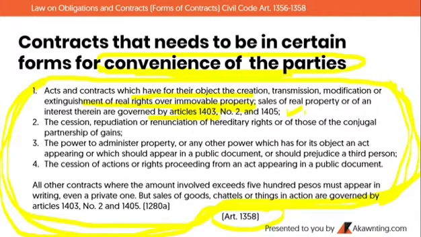Okay? So, number 2, the cession, repudiation, or renunciation of hereditary rights or of those of conjugal partnership of gain. So, example na lang, kung i-renounce mo yung share mo, let's say, sa mana, di ba? Kumbaga, masyado kang mabait, kaya ang ginawa mo is ni-renounce mo yung share mo, hindi mo na lang kukunin, pinaubaya mo na sa mga kapatid mo, di ba? So, ayan.